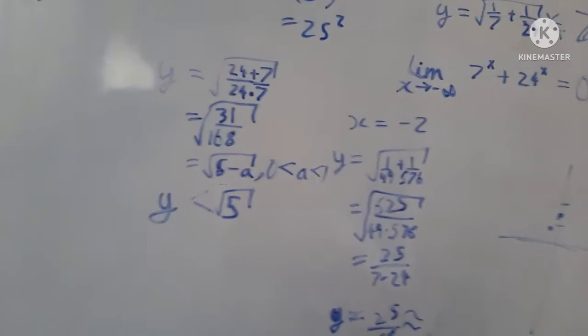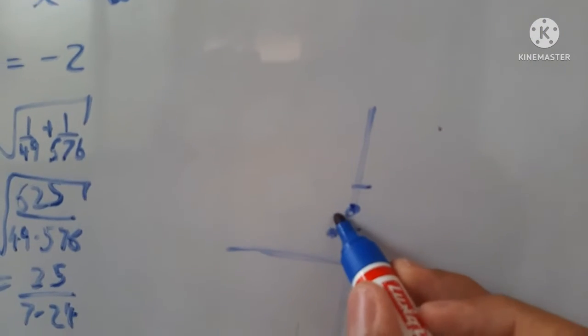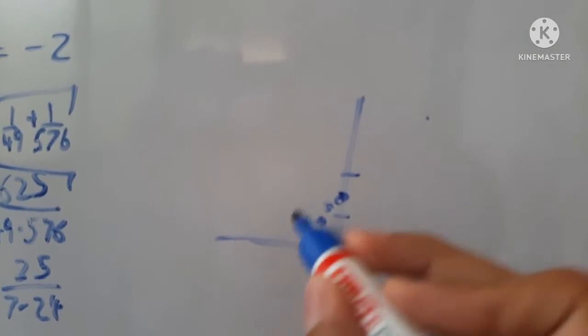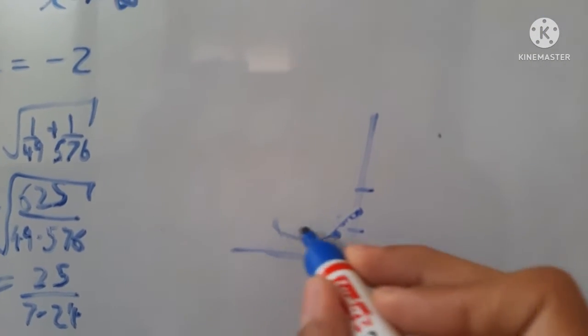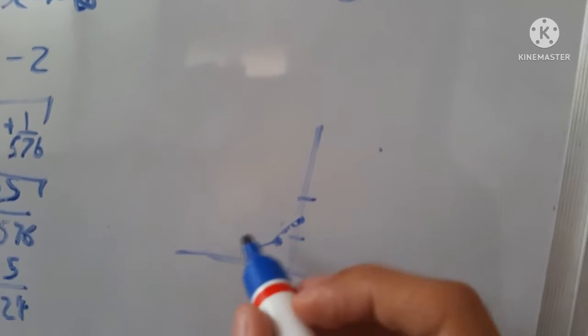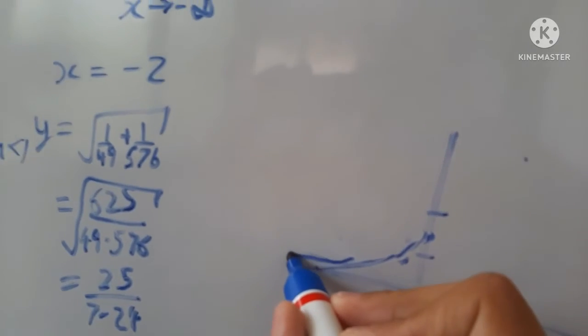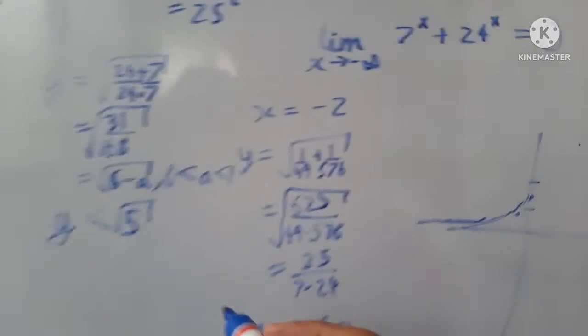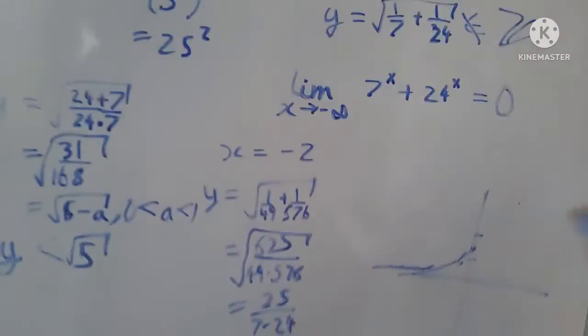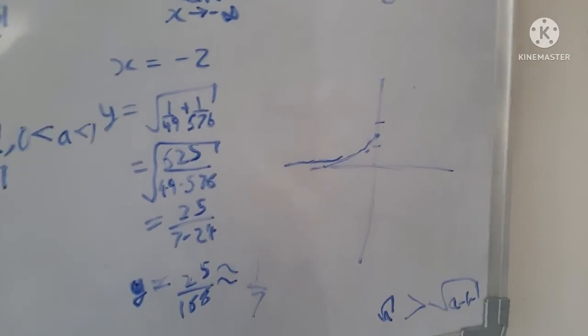What's the square root of 5 though? It's somewhere around here, right? It's going something like this. No, it's exponential, so it's going something like that. It doesn't touch 0, it goes to negative infinity, as we've seen here.